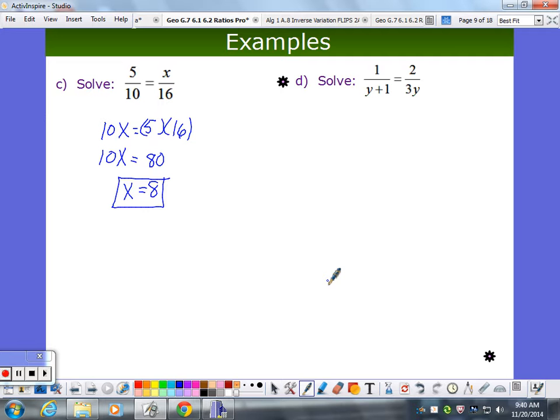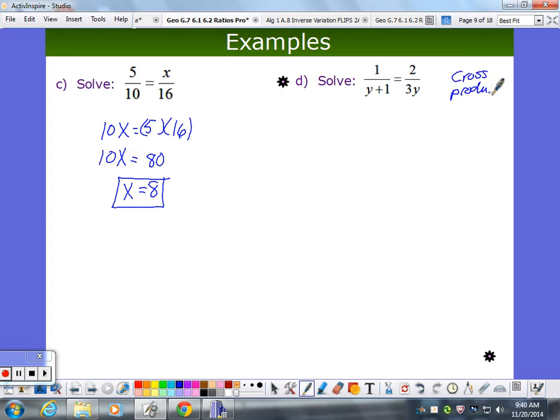Uh-oh. What if you have a binomial or some other polynomial in either the numerator or the denominator? Evan? Well, sort of. You're on the right track. You know something else has to happen. If you want to multiply by y, that confuses this guy. I think the cross product property will be the easiest way to deal with this.